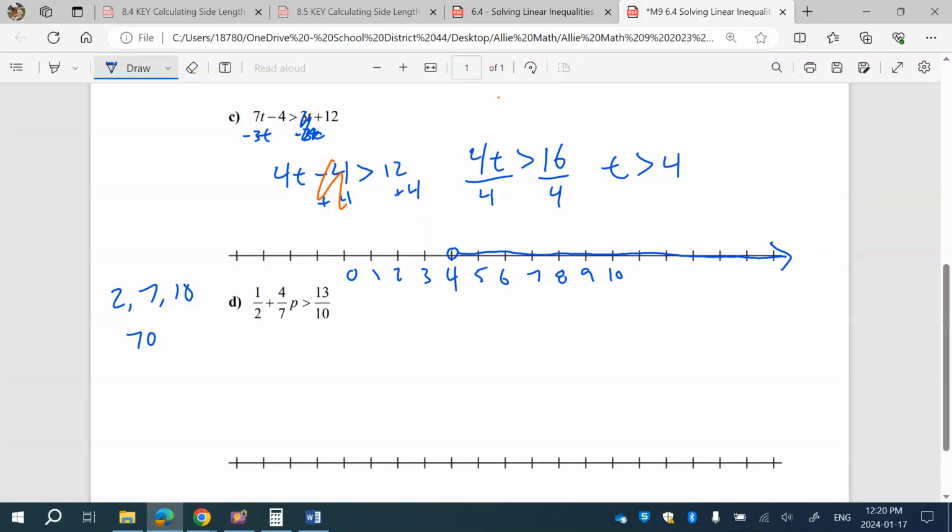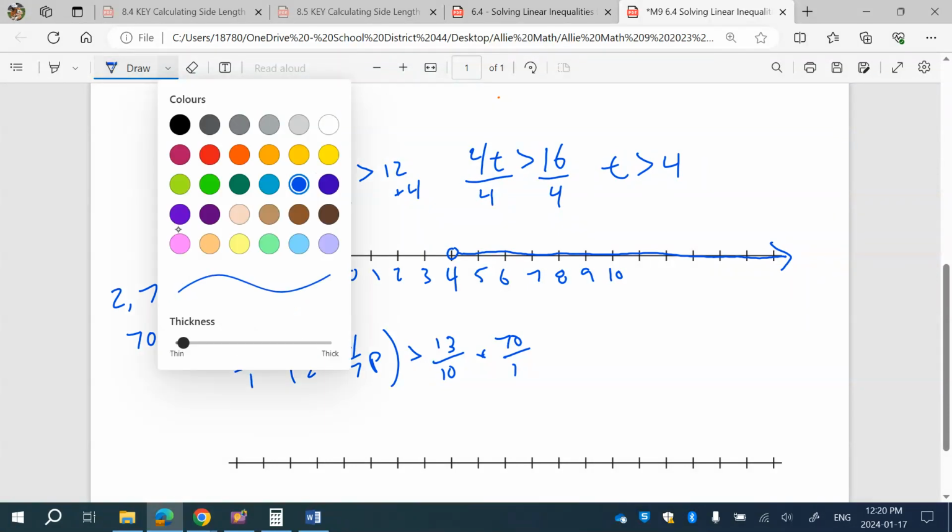So let's times each side by 70. So let's go like this. 1 over 2 plus 4 over 7p is going to be greater than 13 over 10 times 70. It's like 70 over 1. Let's times this by 70 as well, like 70 over 1.